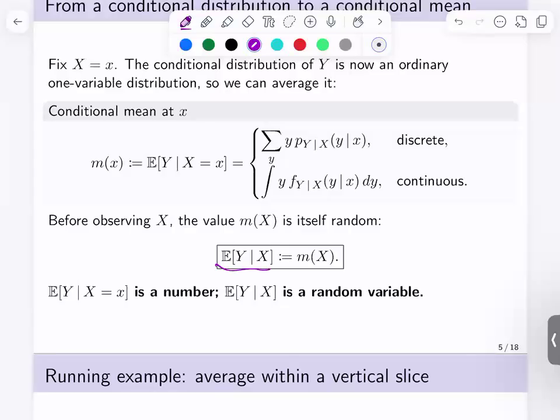And we write it like this: the expectation of y given X is a new random variable, which is a function of X. We'll do examples. But this is random, while this is a number, because here we just observe that particular x. This is going to be a deterministic number. So far, so good. It's one of the most important ideas in probability and statistics, as we'll see.